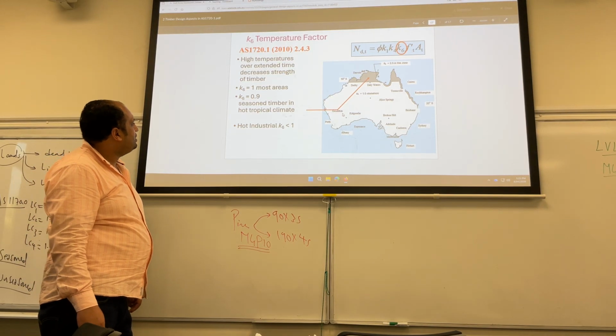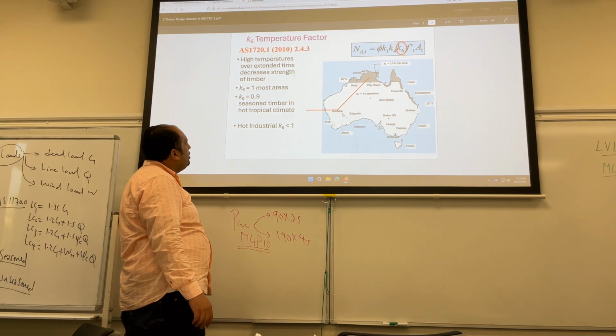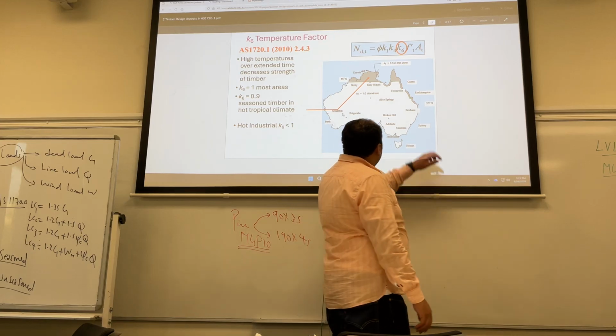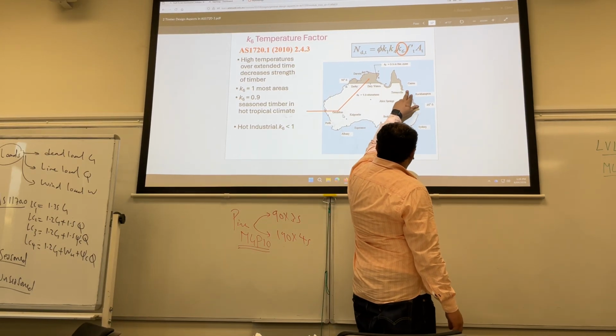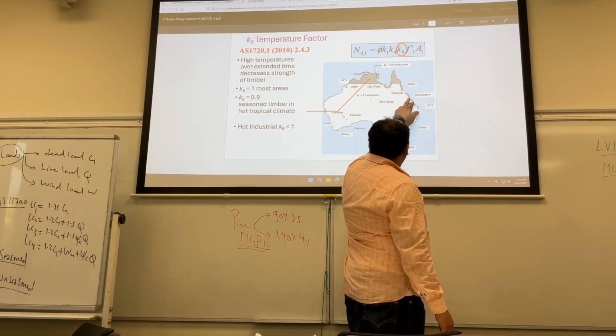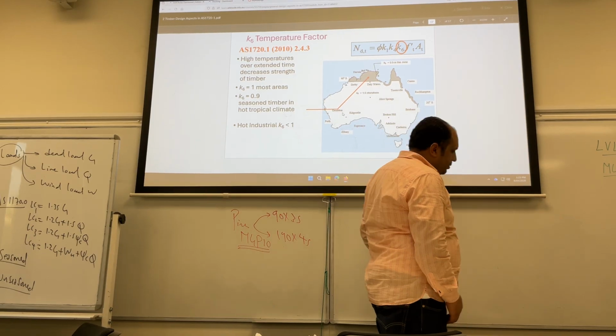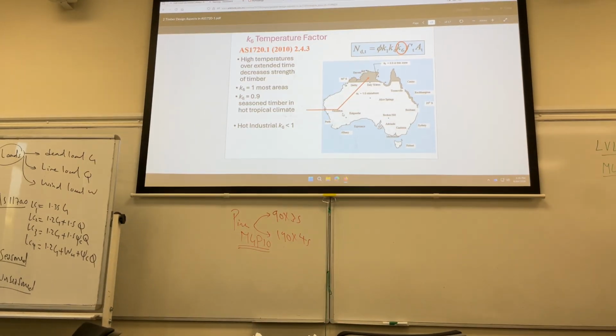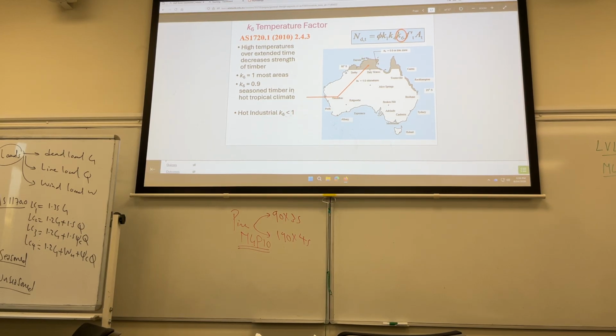K6 is 0.9 for seasoned timber in hot tropical climates, like these areas, like Cairns, Rockhampton, and Darwin. Have you been to any of these places? Okay, so K6 in the hot areas can be taken as 0.9, or usually less than 1.